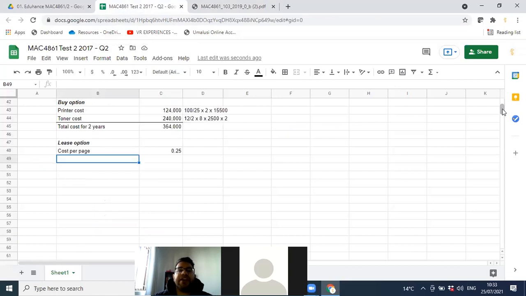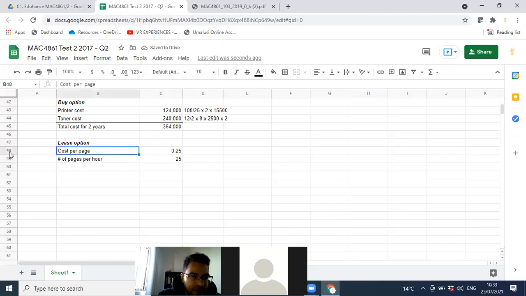So let's work this out. The number of pages per hour is 25.